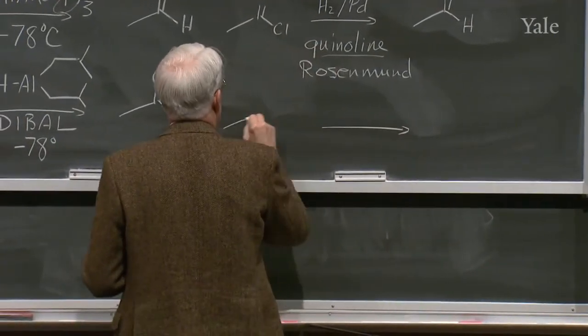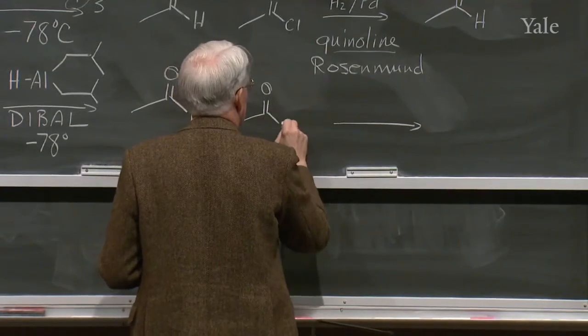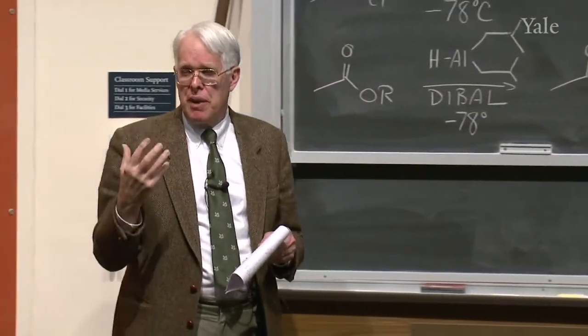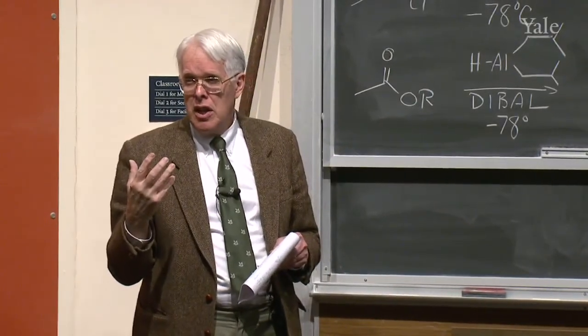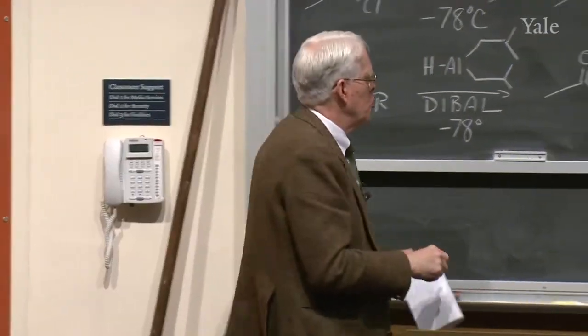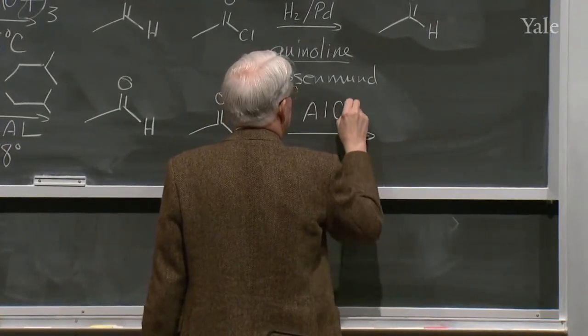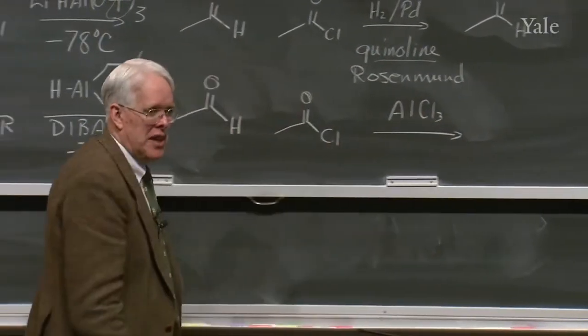Okay. And finally, just as a reminder, it's possible to have an acid chloride and react it with a very, very weak carbon nucleophile that only will react if you soup up the chloride by using AlCl3 to help make that a good leaving group.